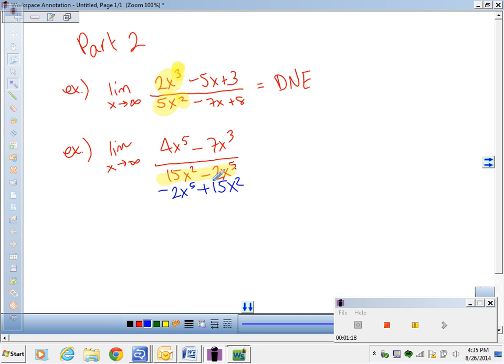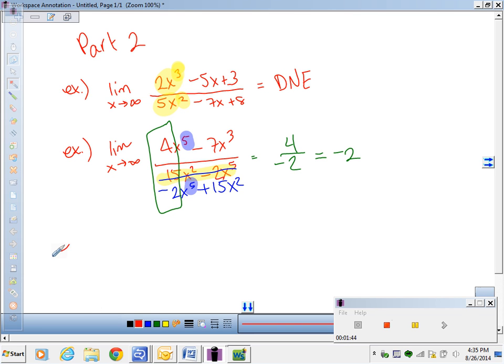I would rewrite it as negative 2x to the 5th power plus 15x squared, so now they're in order. I can see that it has the 5th power, so the degrees are the same. When the degrees are the same, all you have to do is use the ratio of the leading coefficients, 4 and negative 2. So that would be negative 2. My limit is equal to negative 2.